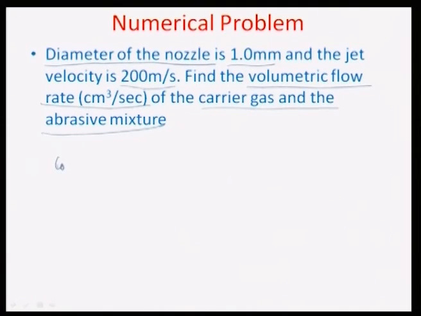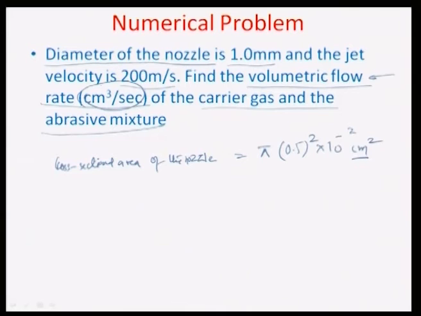So, the cross sectional area of the nozzle is given by pi times the square of the radius, and of course, we convert it into a reasonable CGS system, so centimeter square, and the volume flow rate has to be estimated in centimeter cube per second.